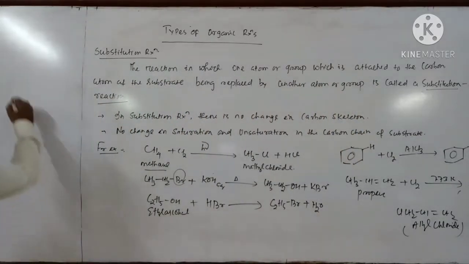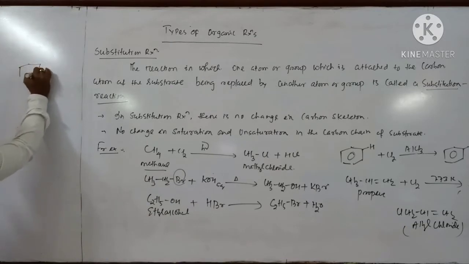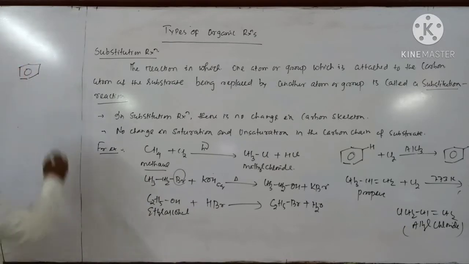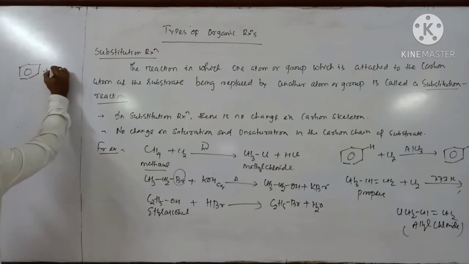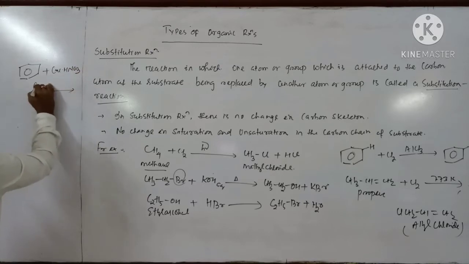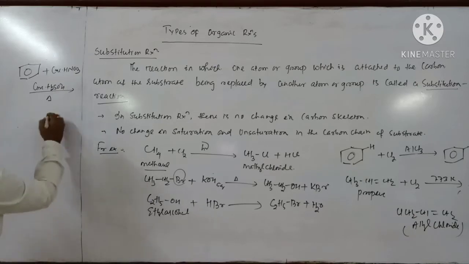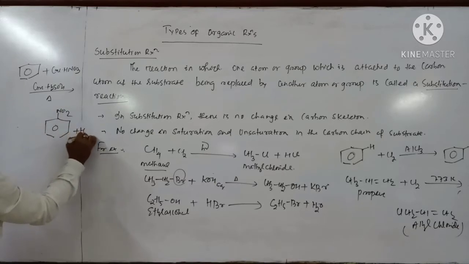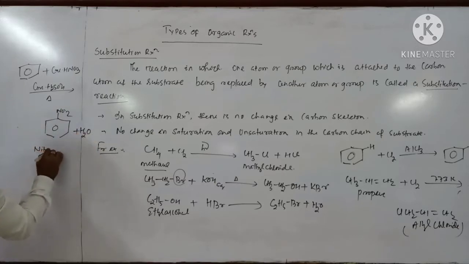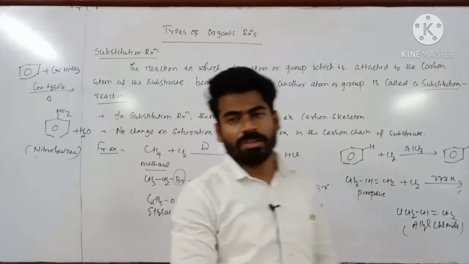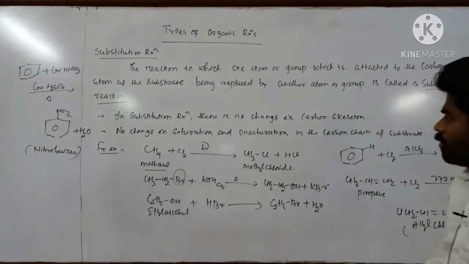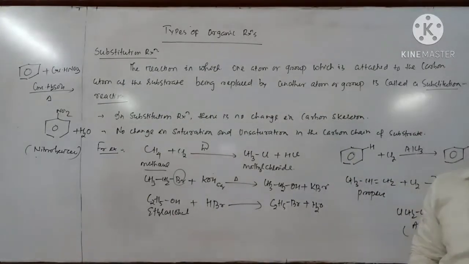Again, if I consider benzene, it reacts with concentrated HNO3 in presence of concentrated H2SO4, a little bit of heating is required, then you will get nitrobenzene plus H2O, nitrobenzene as your substituted product. So this is all about your substitution reaction.